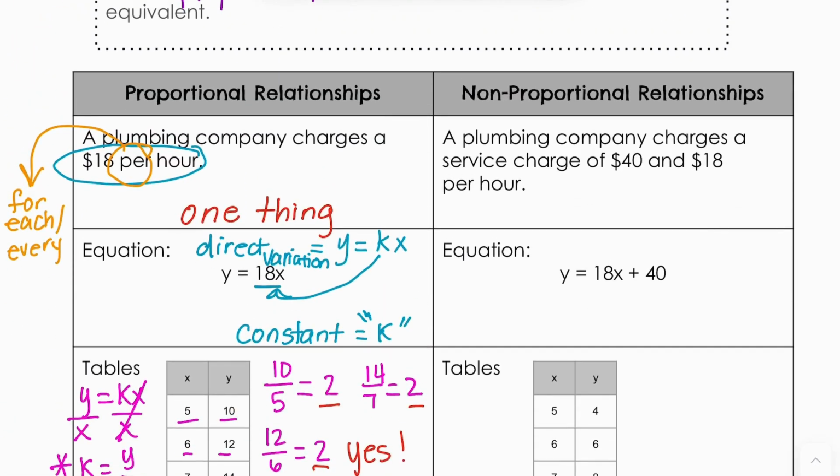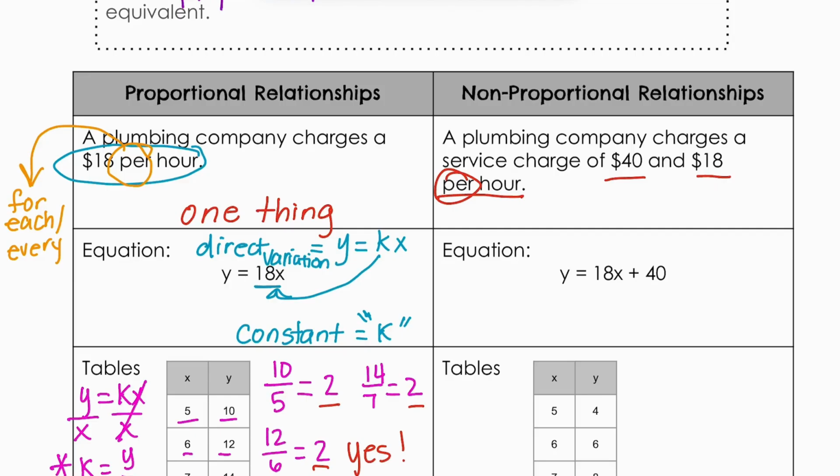Moving back up to non-proportional relationships in word problems. It says a plumbing company charges a service charge of $40 and $18 per hour. How many things are we talking about in this problem?